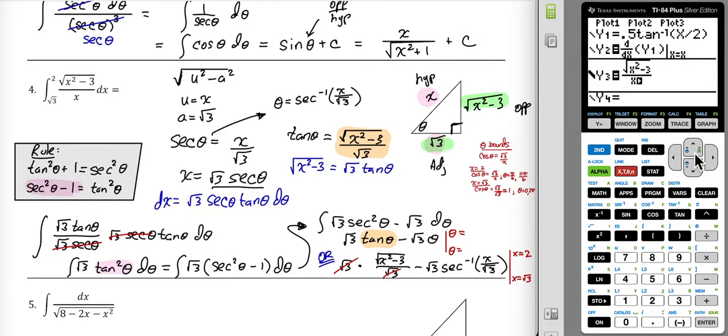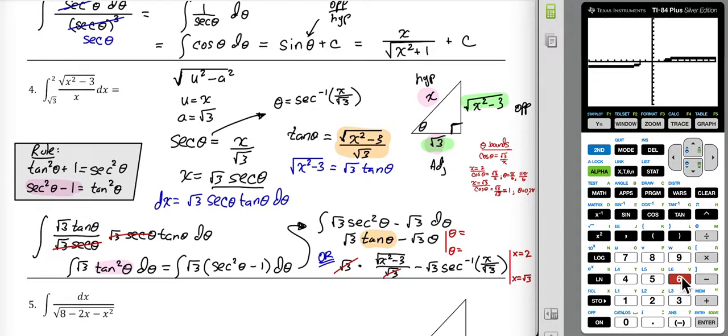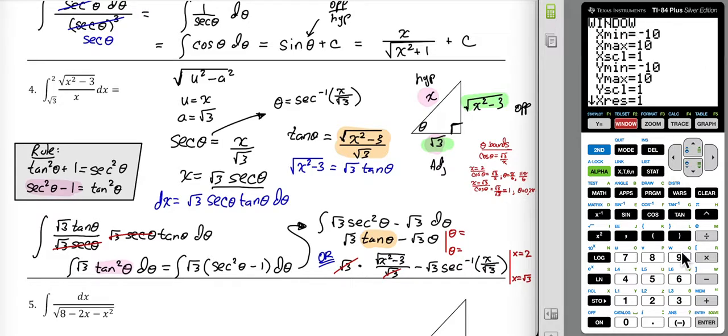I'll just put it in as y3 because I have my derivative set up in y2. I'm going to turn off the first two because I don't want to delete them, but I also don't want them on and in the way. Now I only want this to graph over the interval of radical 3 to 2. So zoom 6 I'll start with, but then my domain should be going from x min radical 3 to x max 2.